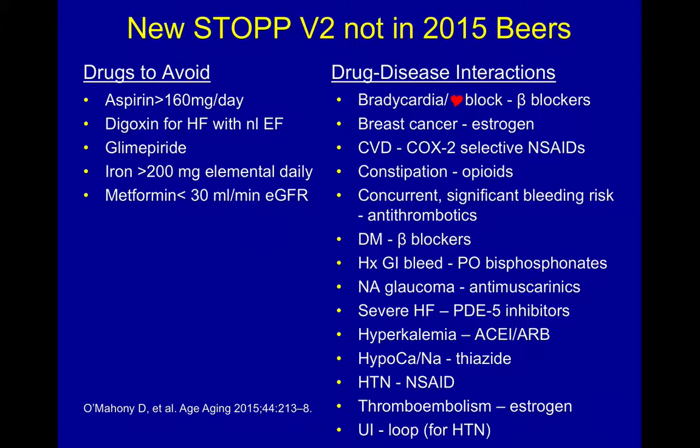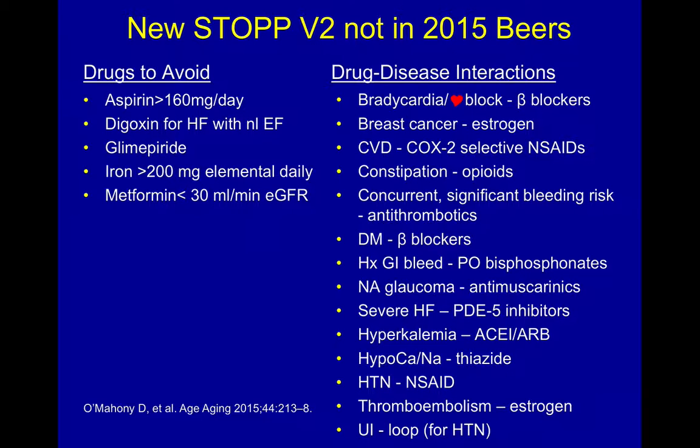We need to be careful not using phosphodiesterase inhibitors such as sildenafil in patients with severe heart failure. We obviously know that opioids can cause constipation. So a lot of these things are not necessarily geriatric.